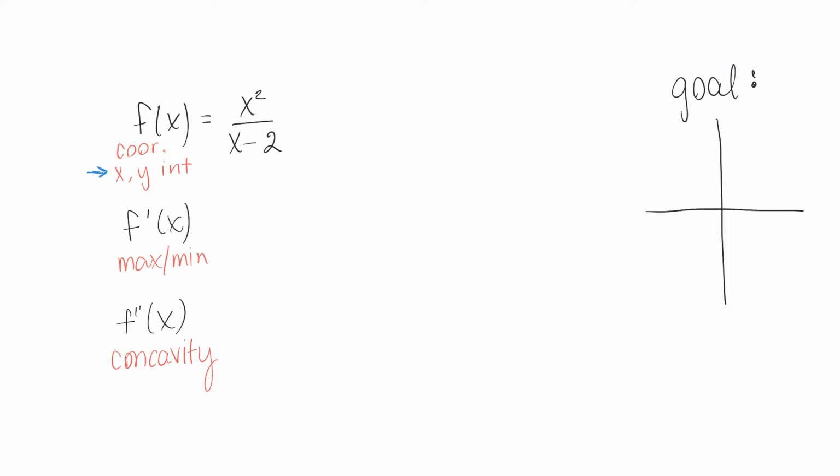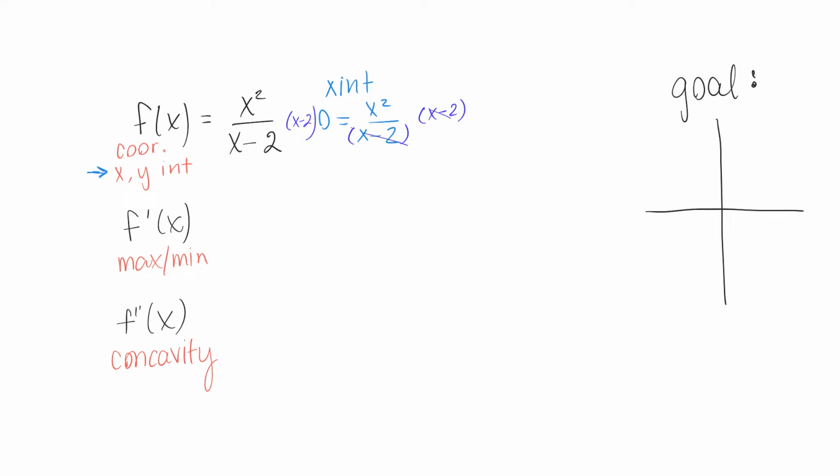Now, x-intercepts occur when y is 0. So we're going to make our y 0, and then we're going to have x squared over x minus 2. And we're good at algebra, so we understand that we can just multiply both sides times x minus 2. And that would be our first step.